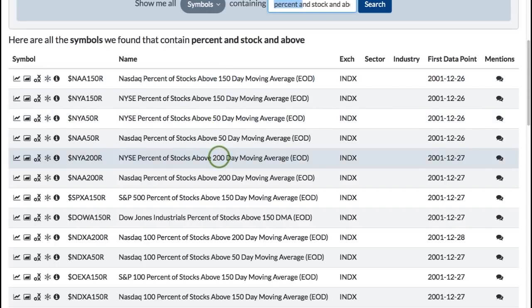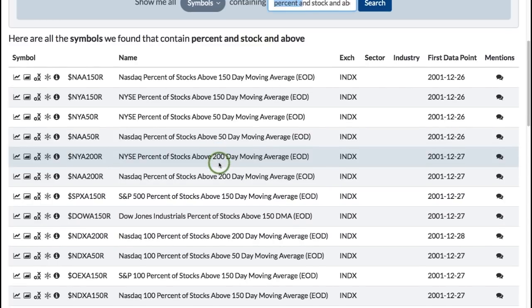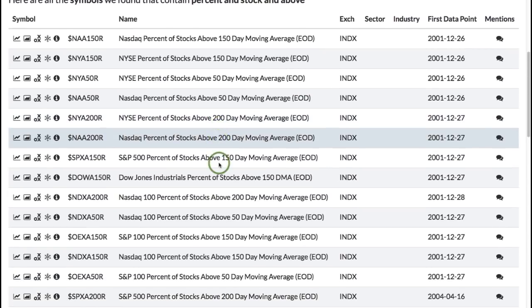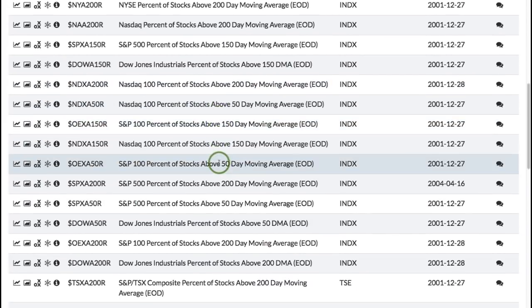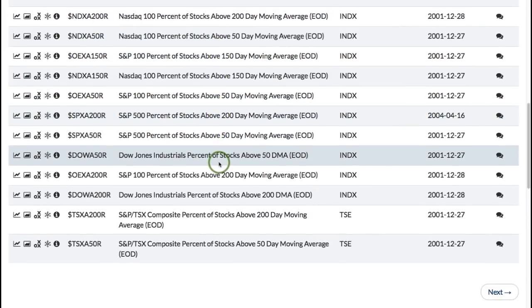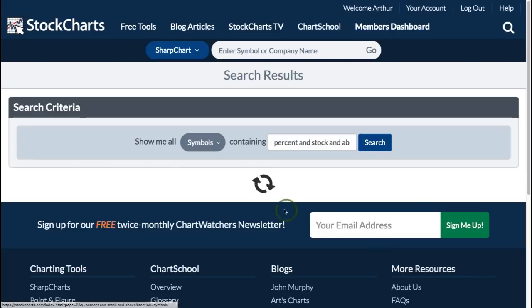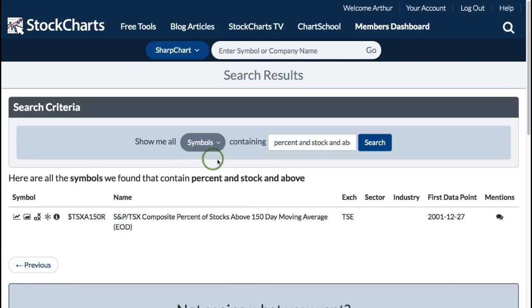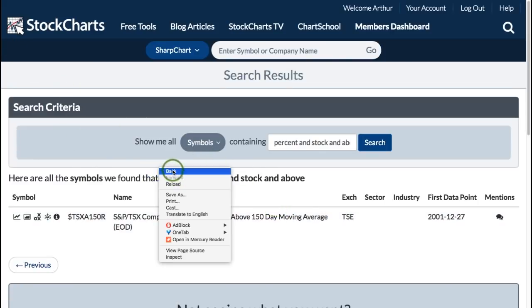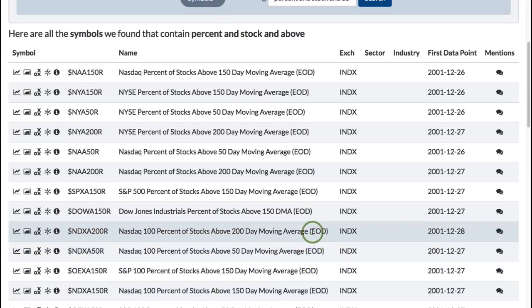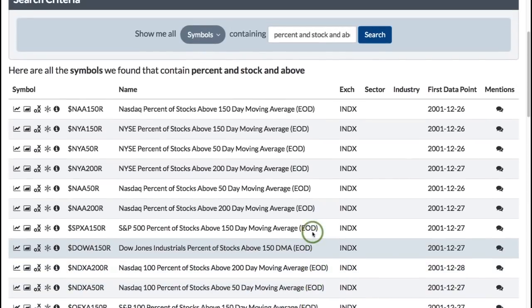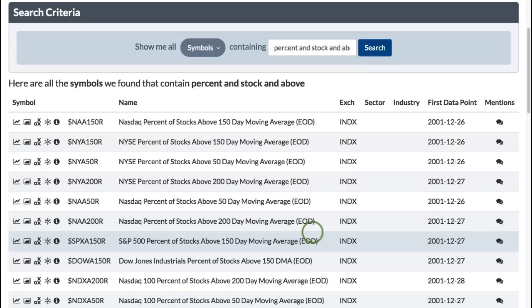So we've got lots of indicators here to work with. We've got medium-term, long-term, and really long-term indicators. We've got them for the NASDAQ 100, the S&P 100 index, the S&P 500 index, the TSX for the Canadians. Greg Schnell would like that one. And if I go back, then you can see the entire list. So a lot of things to do here with breadth indicators.